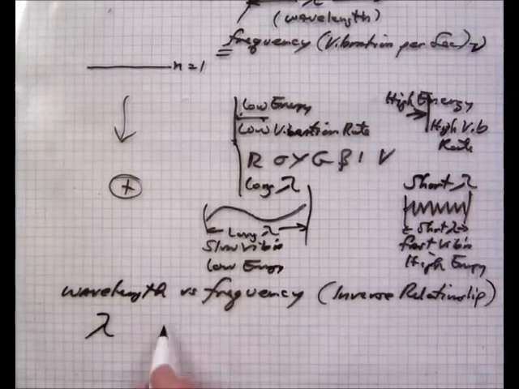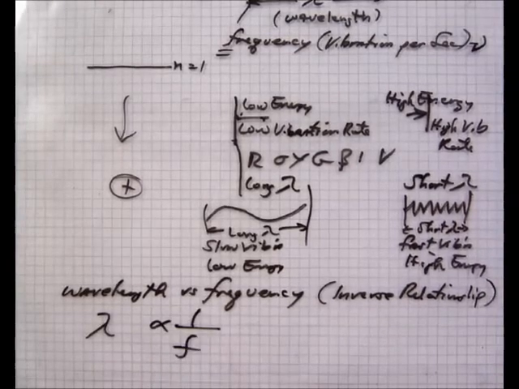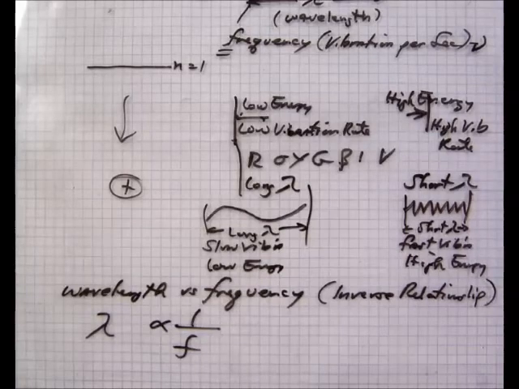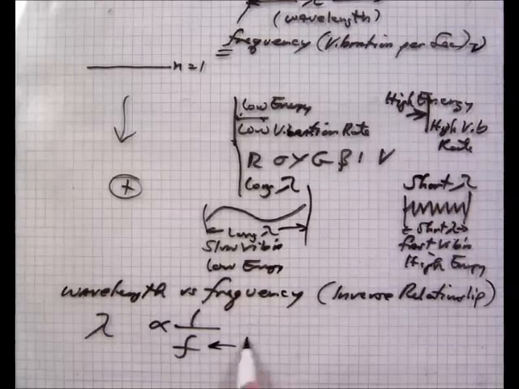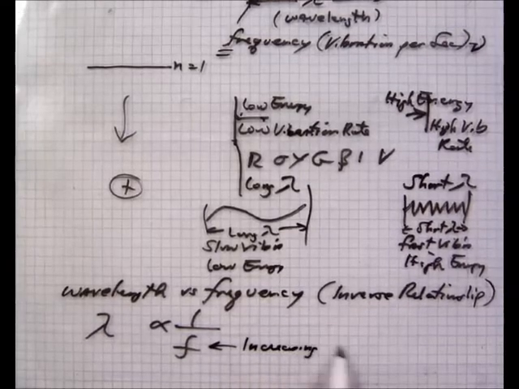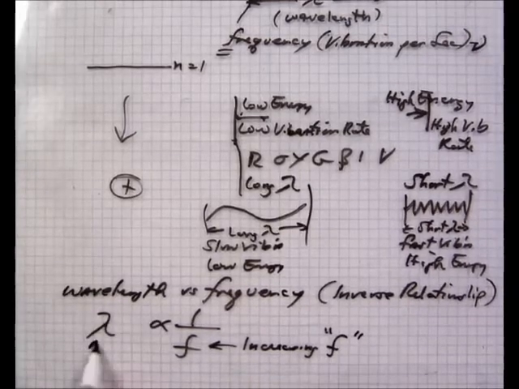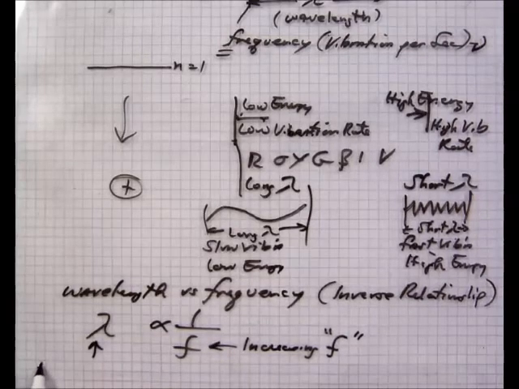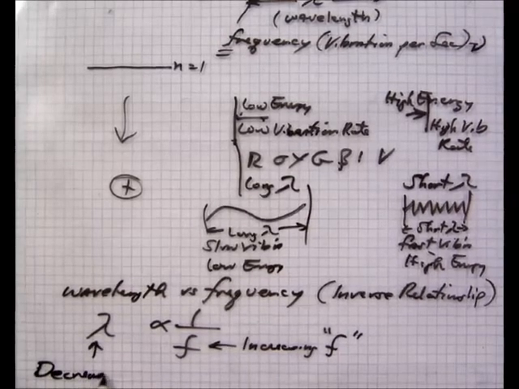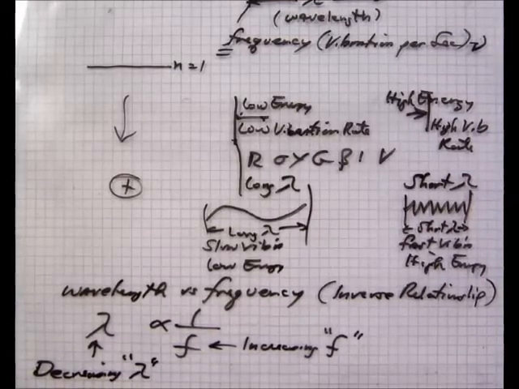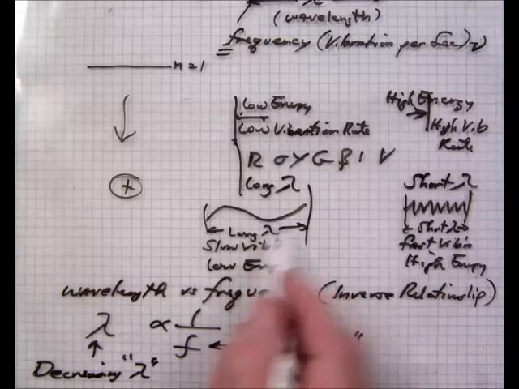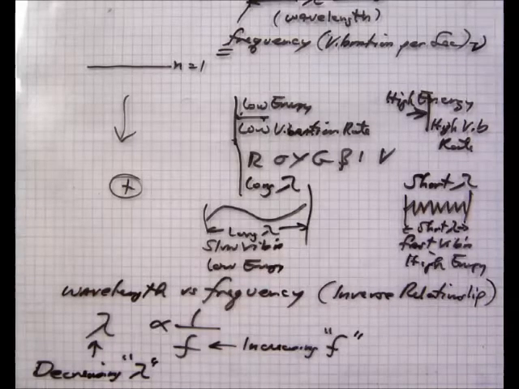That is, lambda is proportional to 1 over frequency. Okay, so as the frequency goes up, wavelength decreases. Or vice versa, as the frequency decreases, the wavelength increases in toward that red end of the spectrum.